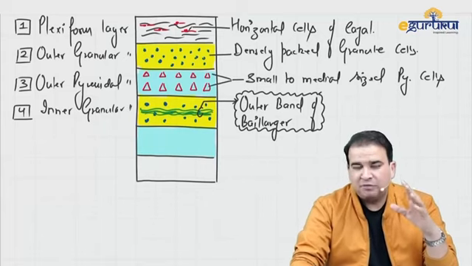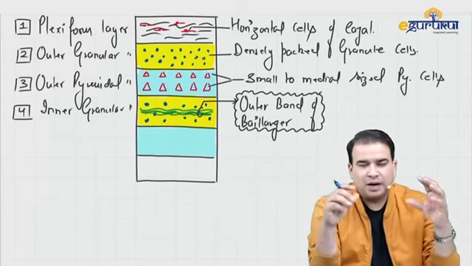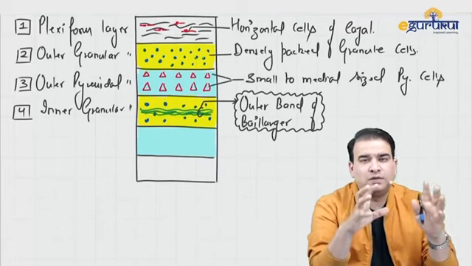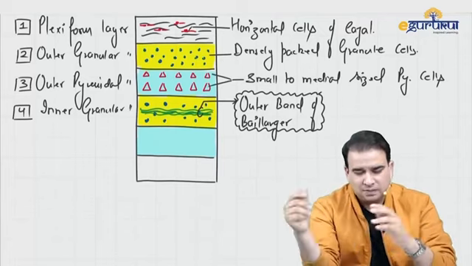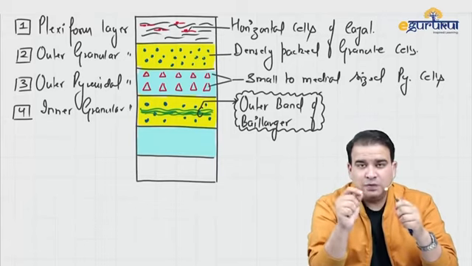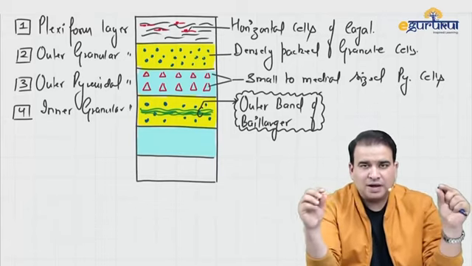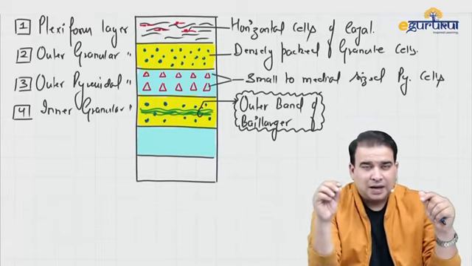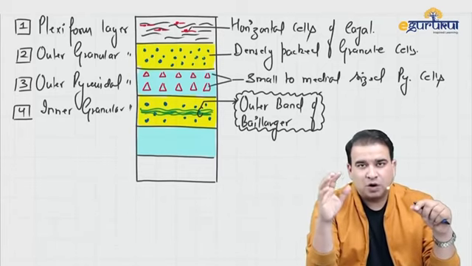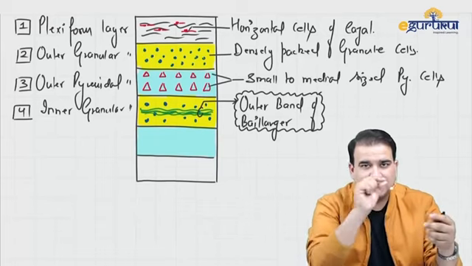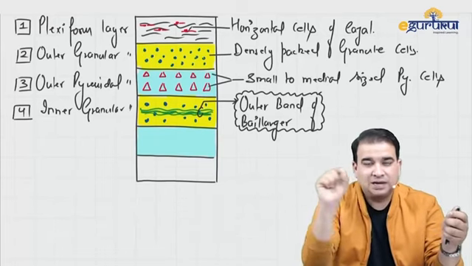And these outer bands of Baillarger, these myelinated axons, are a characteristic feature of the visual cortex. You'll find them in the inner granular layer at other places also. But in the visual cortex, they are very dominant and you can clearly see them. Because of these fibers, when you see the visual cortex under the microscope, it looks like there are some lines drawn inside the gray matter.